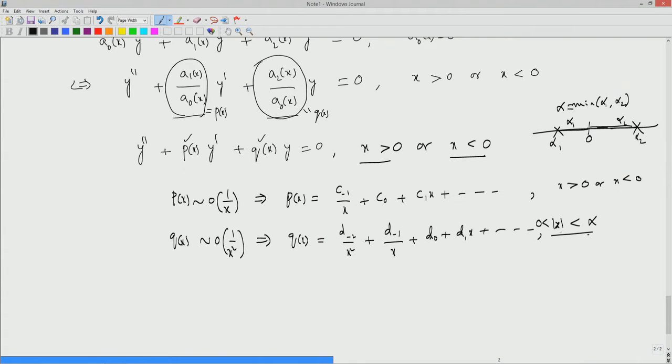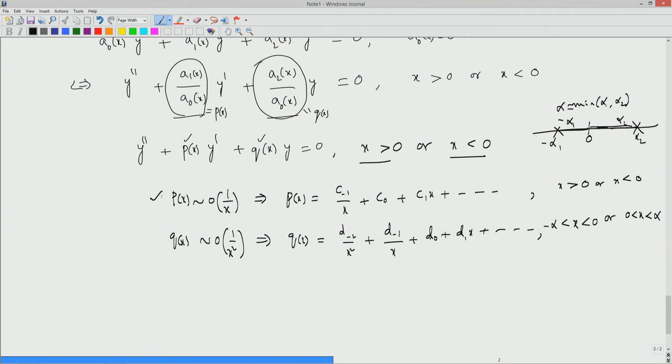So, x lies between minus alpha 1 and alpha 2, that is, minus alpha less than x less than 0 or 0 less than x less than alpha. When there is no other singularity, alpha 1 and alpha 2 are infinity, so alpha is infinity, and you have x positive, x negative. That is how it is defined.